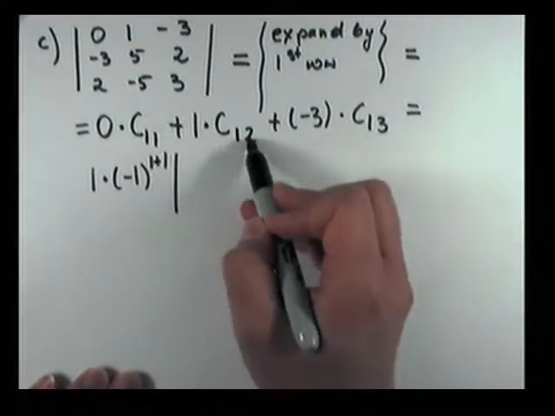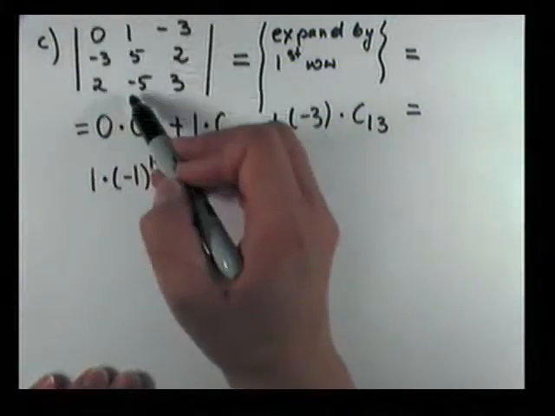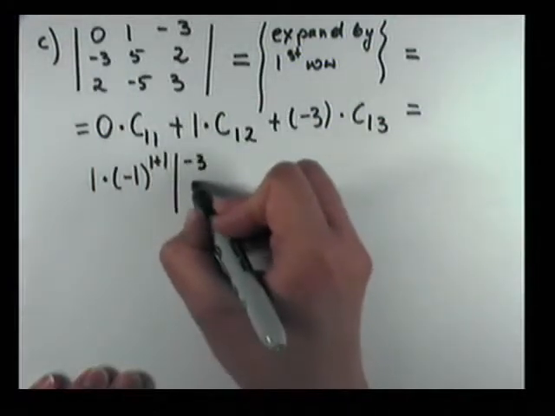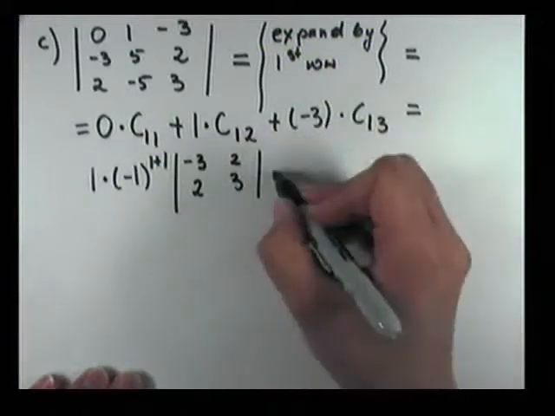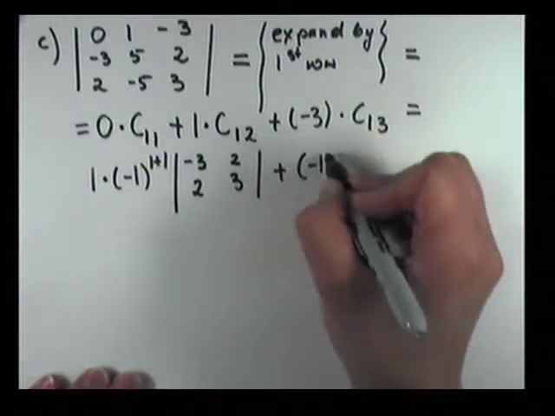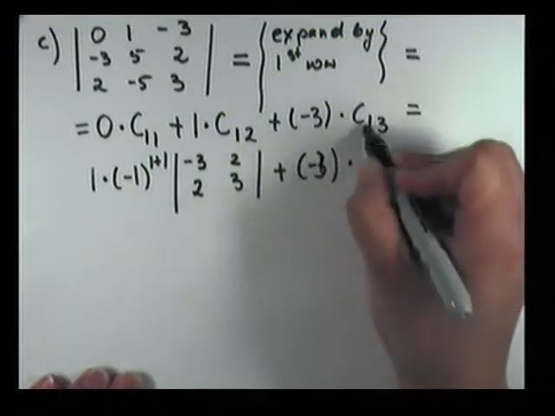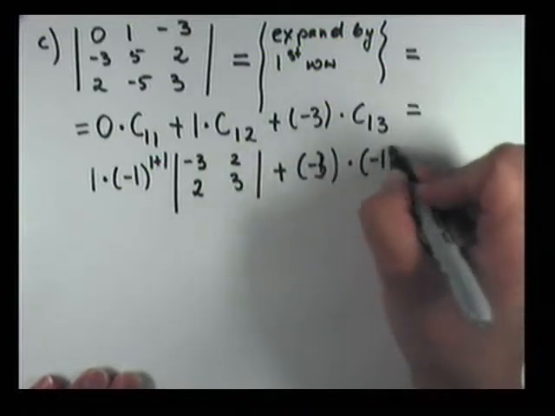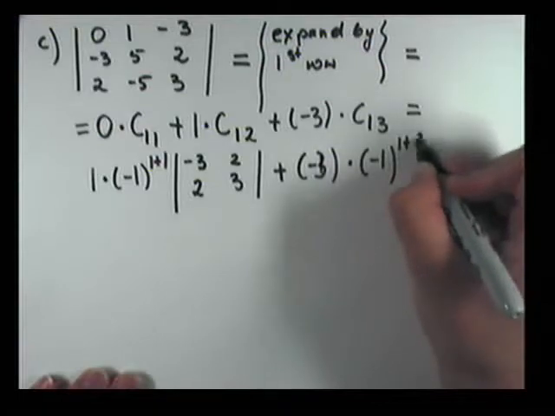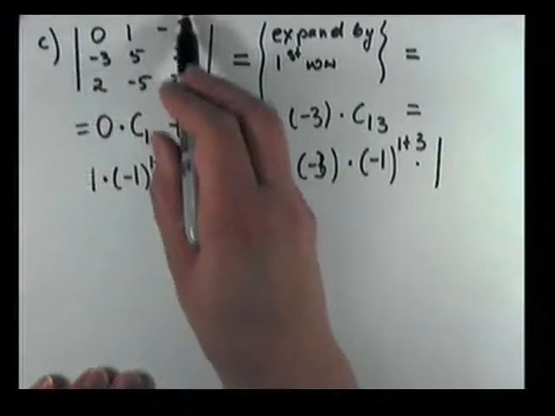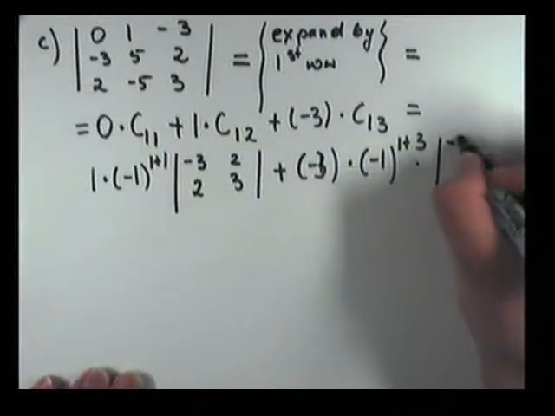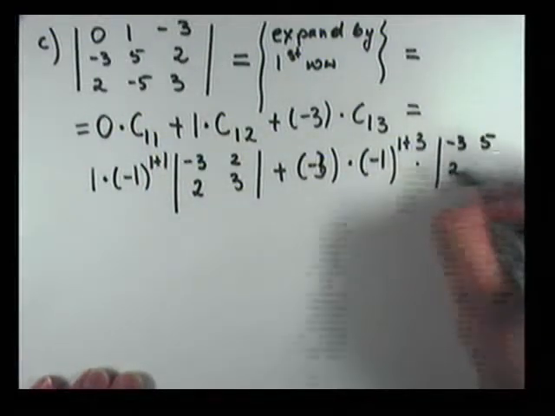Delete first row, second column. So we have minus 3, 2, 2 and 3. And then we have plus minus 3 times, from the cofactor formula, minus 1 to the power 1 plus 3. Delete the first row, third column, so it's minus 3, 5, 2 and minus 5.